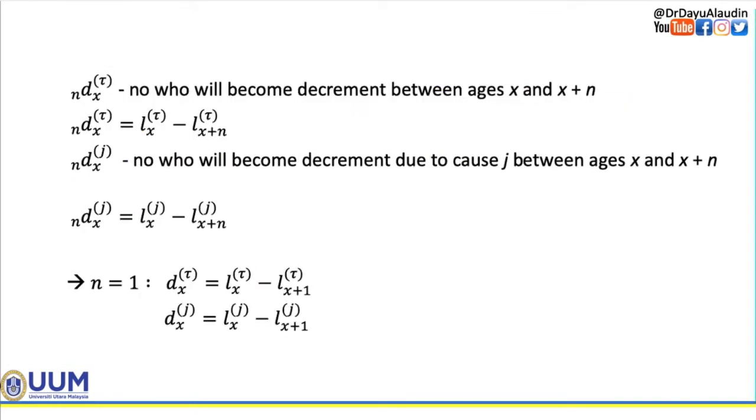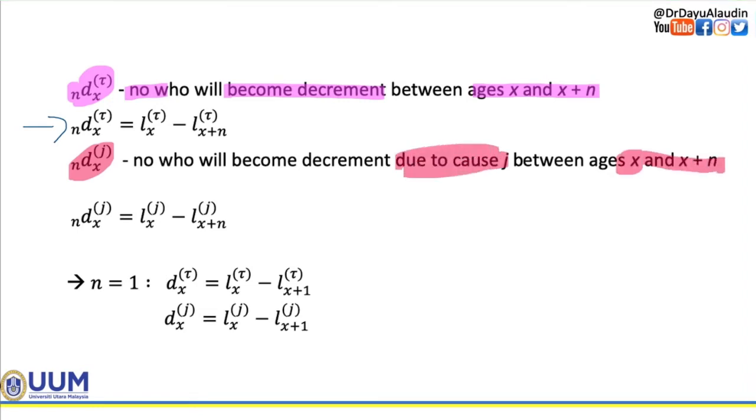Next notation is ₙd_x^τ, the number who will become decrement between each x and x plus n. And we can find ₙd_x^τ by using this formula, l_x^τ minus l_(x+n)^τ. ₙd_x^(j) is the number who will become decrement due to cause j between x and x plus n.